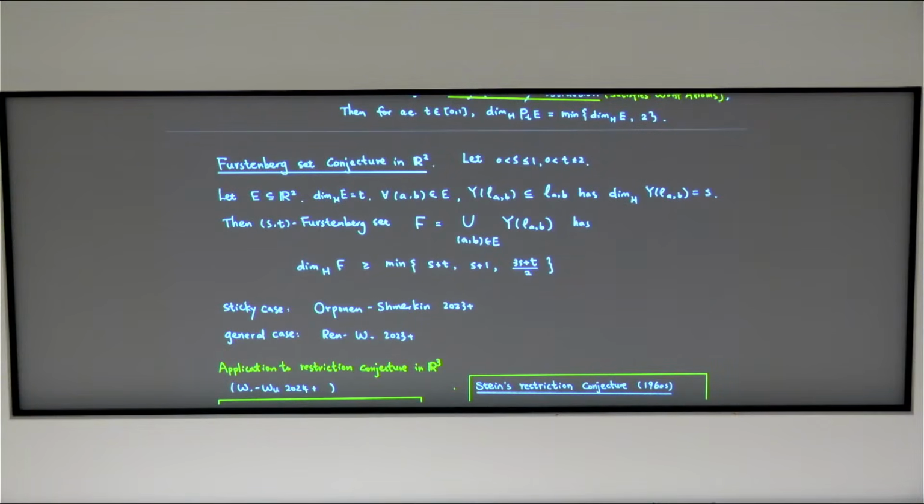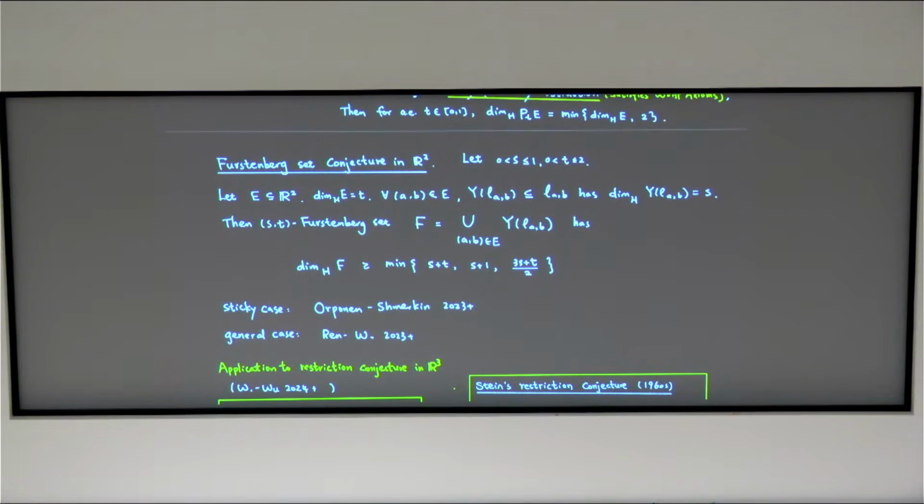Kakeya sets, the type of sets we have studied previously, are unions of lines. So for the Furstenberg set conjecture, we ask, what if we don't take the union of lines, but we only take, say, the union of subsets of lines? So here is the setup. Since we have studied how sets of lines can be parameterized by points, suppose E is a subset of R2, then it parameterizes a set of lines in R2. And suppose the set E has Hausdorff dimension t.